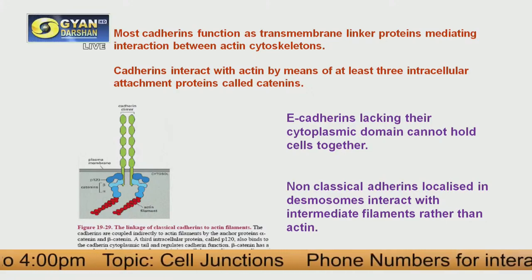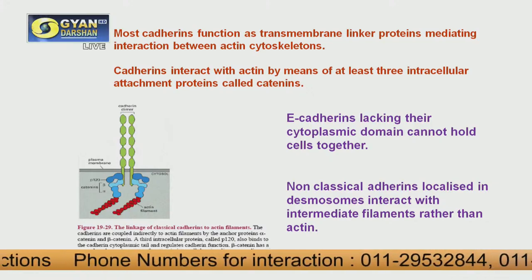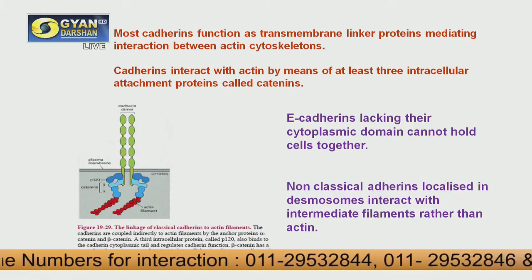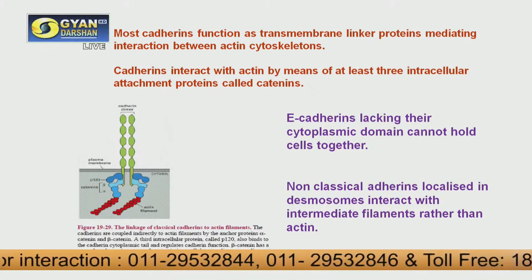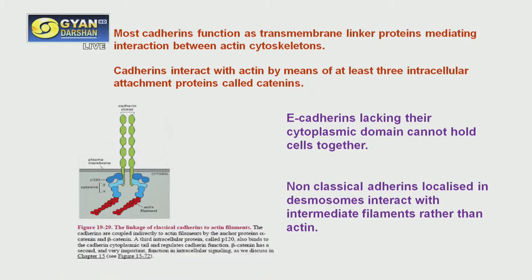The extracellular part of the cadherin is mostly involved in communicating or mediating anchorage with the adjacent cell, whereas the cytosolic tail portion is responsible for anchorage with the actin cytoskeleton.